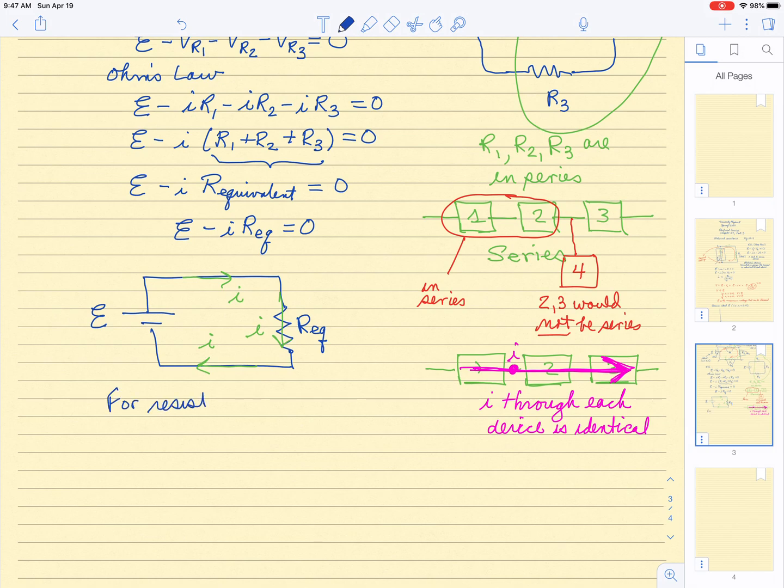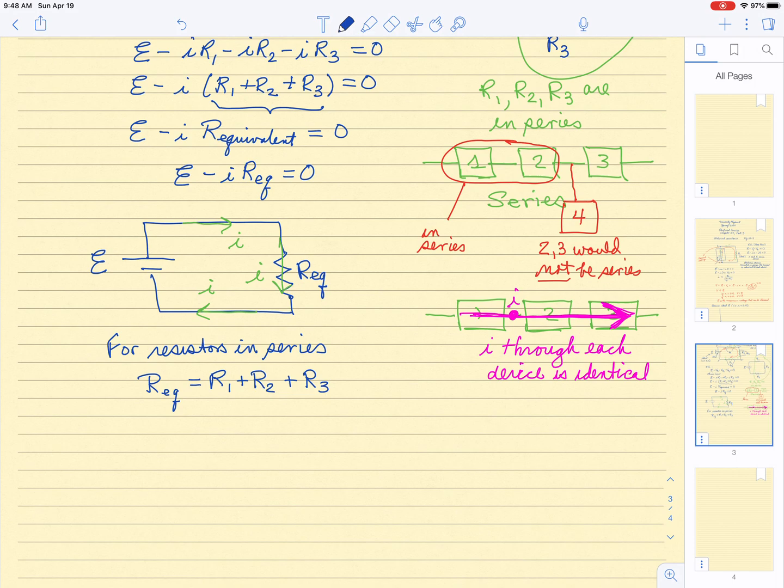resistors in series, we can get an equivalent resistance merely by the sum of the resistors in series. And it doesn't need to be 3, it could be 300. And so we write that most generically as, you know what, I shouldn't use I, I is for current.